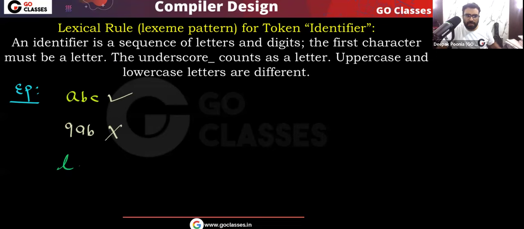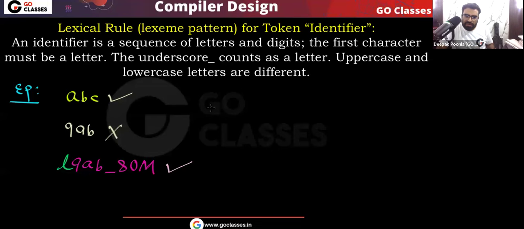For example L, and then after that any sequence of letters or digits, and underscore will be treated as a letter. So you can see after this L you can write, for example, 9. You can write A, you can write B, you can write underscore, you can write whatever you want, 0. And here capital M you can write. So this is also an identifier.